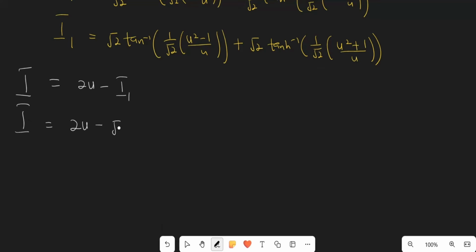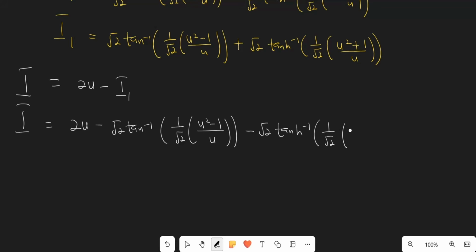So that is going to be the square root of 2, the tan inverse of 1 over the square root of 2 multiplied by u squared minus 1 all over u, and then minus the square root of 2, the tan hyperbolic inverse of 1 over the square root of 2 times u squared plus 1 all over u, like this. We are done.